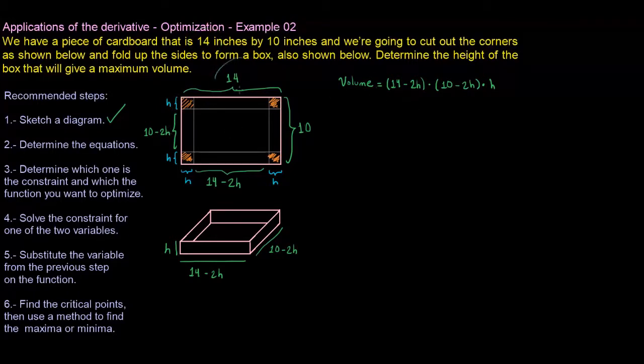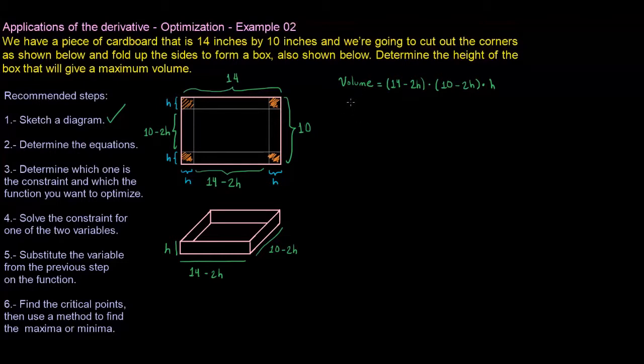We actually use these two restrictions, the 14 and the 10, to get this side and this side, and in order to find the final volume. So in a way, we use it implicitly. So in other words, there is no explicit constraint in this kind of problem.